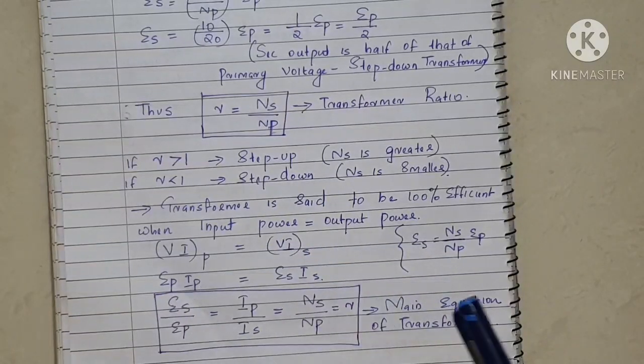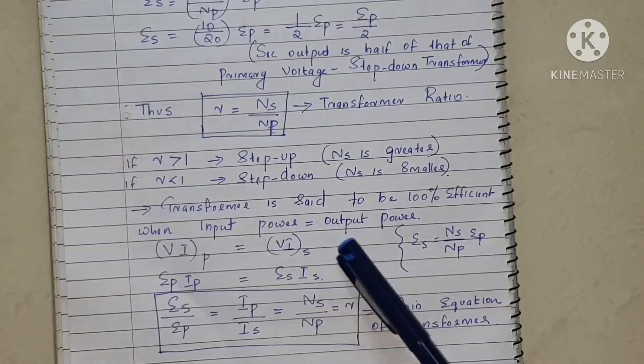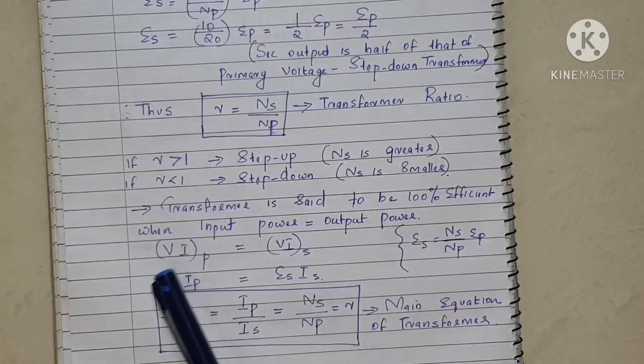A transformer is said to be 100% efficient when the power on the input side is equal to the power on the output. Power can be written as voltage into current.